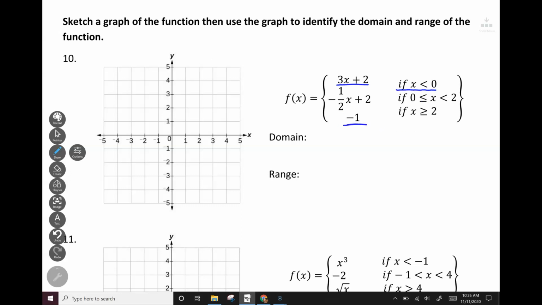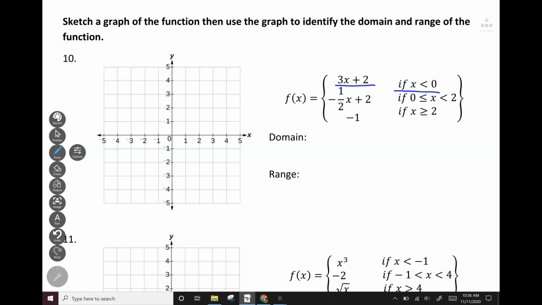And then lastly, you've got y equals -1 if x is greater than or equal to 2. So we're going to sketch a graph of that, and then we'll use that to identify the domain and range.